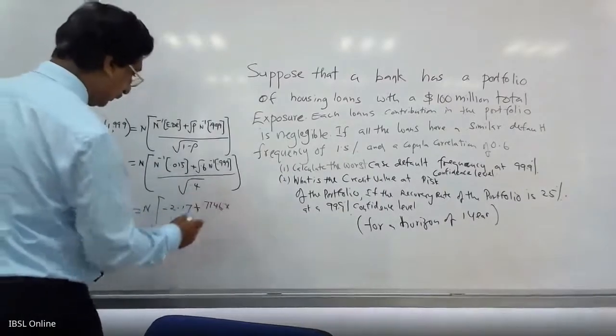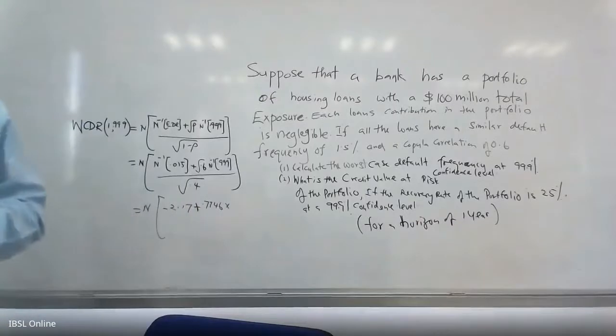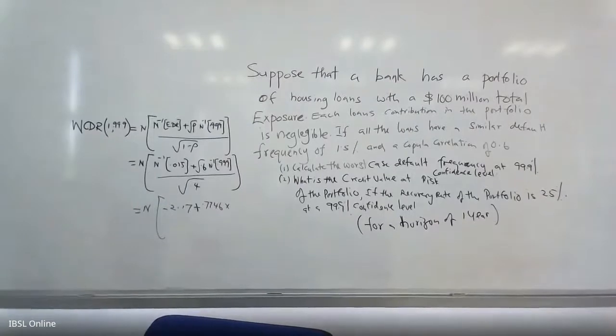Into, then you get the inverse normal of 0.999. So there also you can see the figures. It is there, but you can find it in many places.